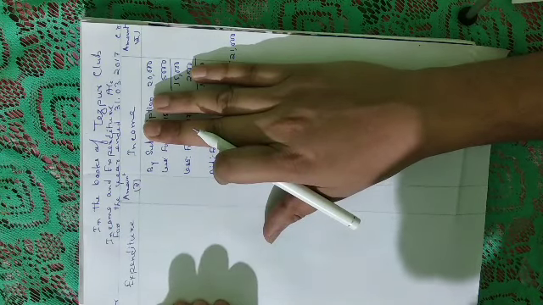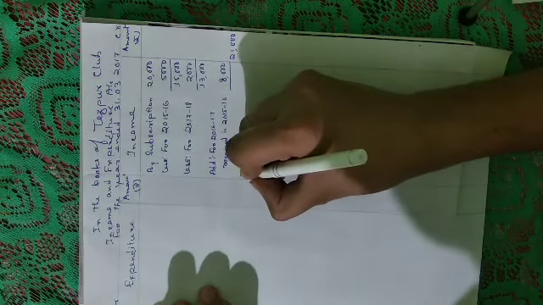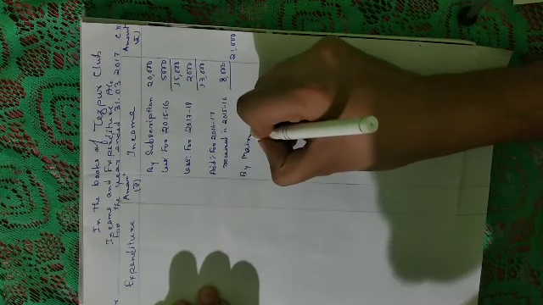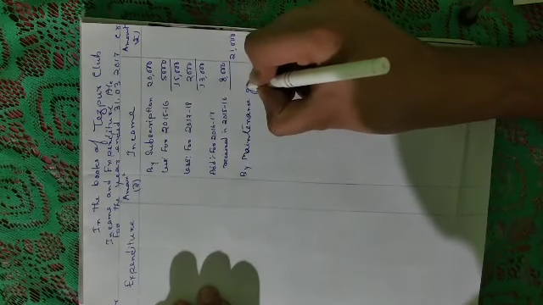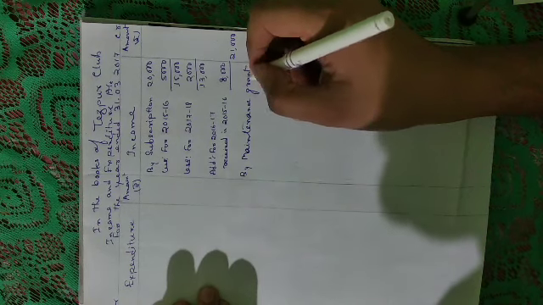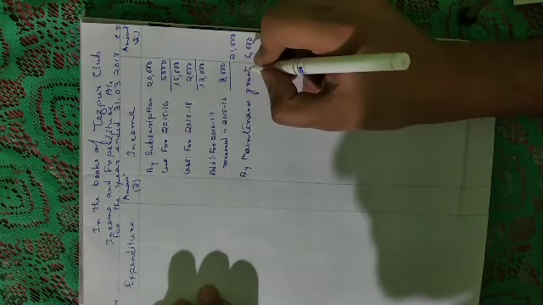Then maintenance grant, amount is rupees 6,000.